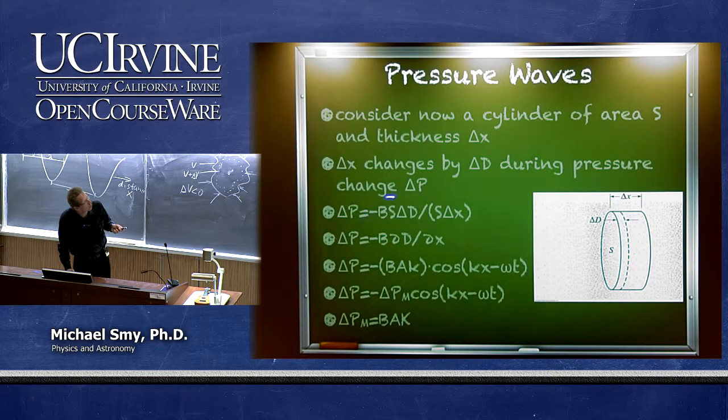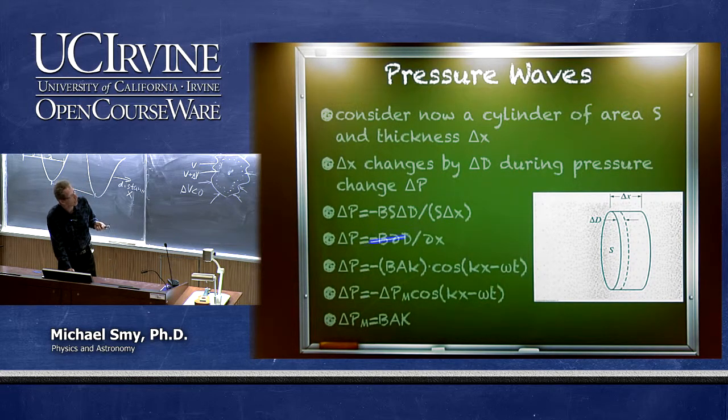So the pressure change delta P is related to the volume change by the bulk modulus. So delta P equals minus B times the surface area times delta D divided by the surface area times delta X. So delta D is how much delta X changed.